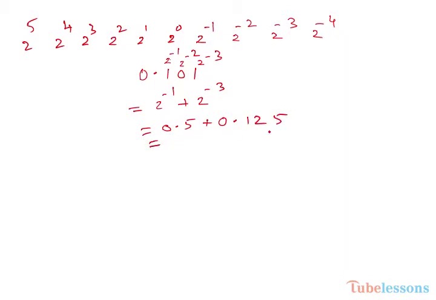That is equal to 0.625: 5 plus 2 is 7, 5 plus 1 is 6. So binary number 0.101 is equivalent to 0.625.